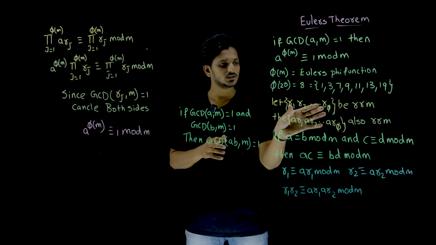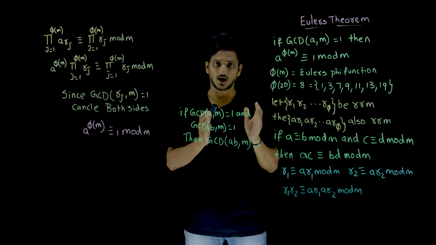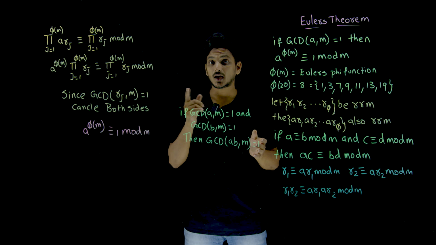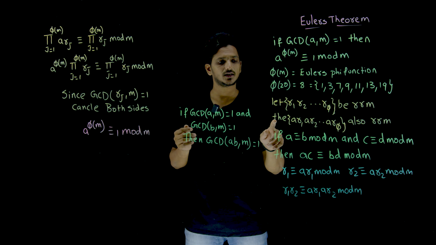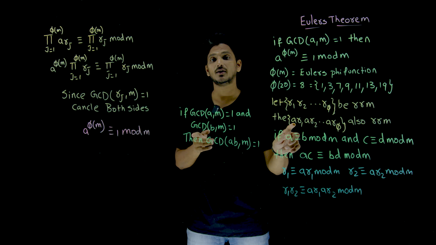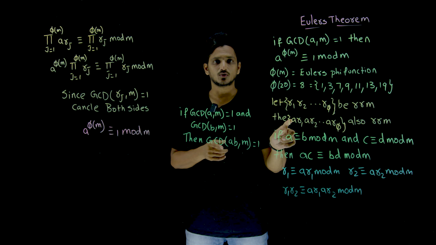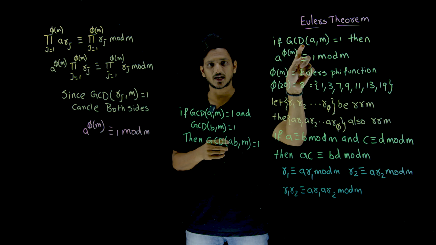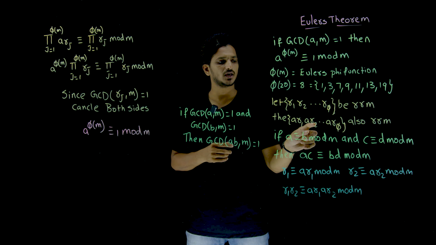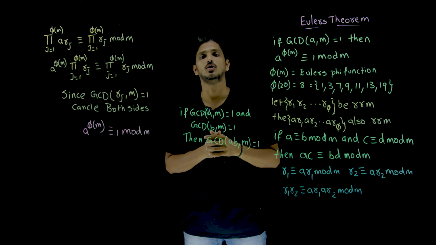If you assume that this is the reduced residue modulo of 20 or M, then in our last class we clearly discussed that AR1, because the GCD of A with respect to M is 1, GCD of A comma M is equal to 1. So from this, if this is accepted, then AR1 comma AR2 so on AR phi is also a reduced residue modulo.